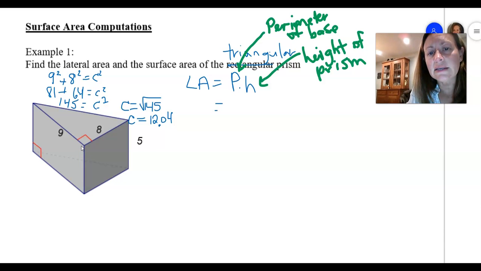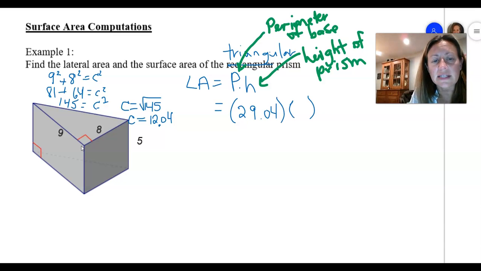So P can be filled in with 29.04. And then the height of the prism is the distance between the bases, which is 5 in this case.